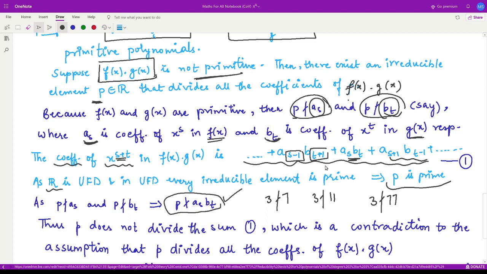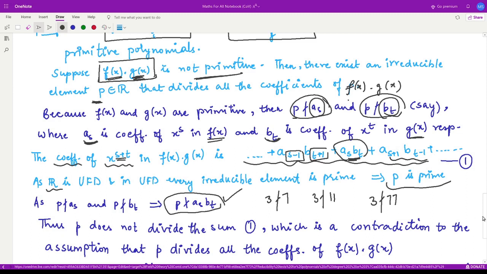Therefore, we say that this p does not divide this term. If it does not divide this term, that means it does not divide the whole of the sum, right? And if it does not divide the whole of the sum, this gives a contradiction to the assumption that we have made, that p divides all the coefficients of the product polynomial f(x) into g(x).